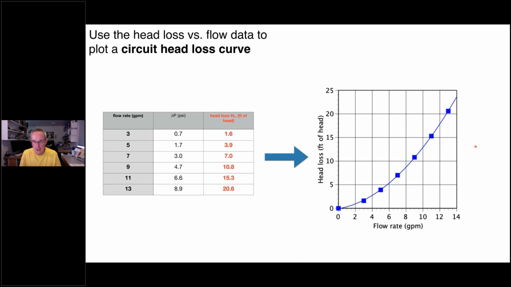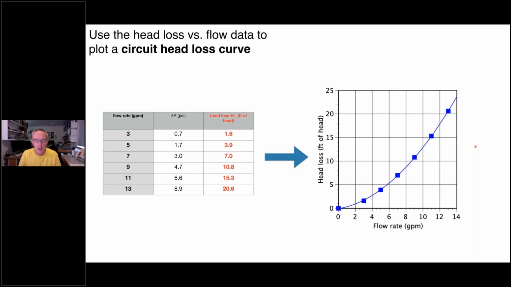And the analogy I like to use for this is a fingerprint. Just like every individual has a unique fingerprint, every hydronic circuit has a unique circuit head loss curve. It depends on the pipe size, the amount of pipe, the amount of fittings, the components like air separators, valves, heat exchangers, heat pumps, boilers.